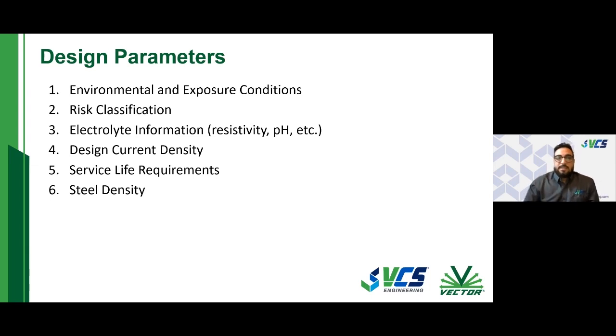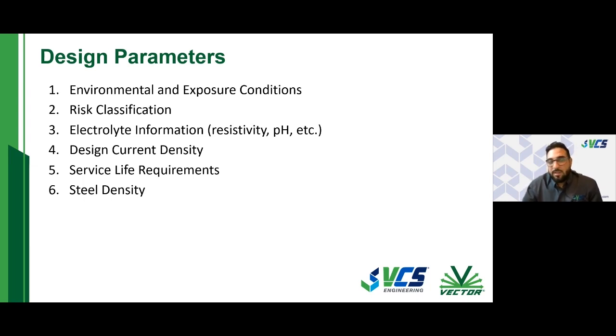Now, going into the design parameters, as engineers, it's important for us to holistically understand the parameters and be able to identify them before we jump into the design. These six are the ones that I thought of as most critical. Obviously, there would be more, but these are the six questions I always ask asset owners before I can conduct a design.